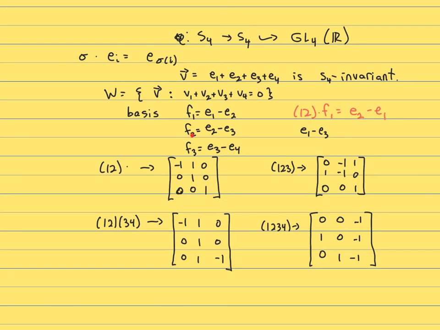Similarly, if I act on F2, I get E1 minus E3. You can see that E1 minus E3 is F1 plus F2. So in terms of basis vectors, I get this column.